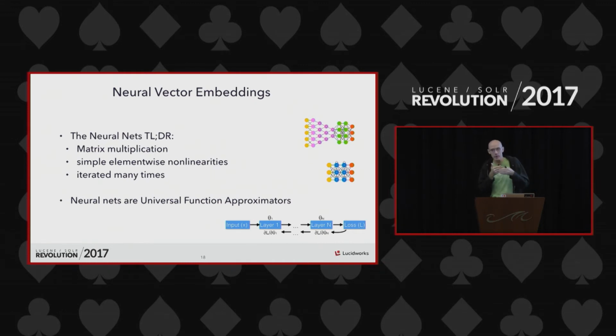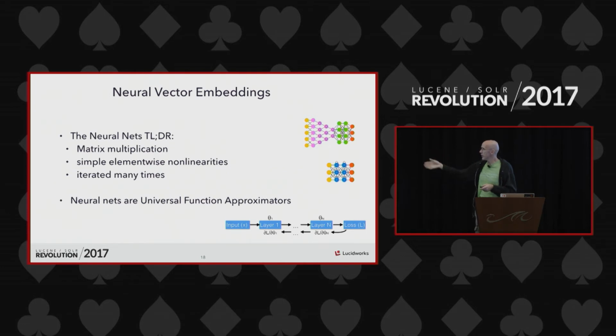In between, we interleave a small amount of nonlinearity. As has been known for a long time, neural nets are universal function approximators. You can approximate any nonlinear function with them, even with just one layer. But with one layer, you have to use a lot of nonlinearity. It's better to use a lot of layers with just a tiny bit of nonlinearity.